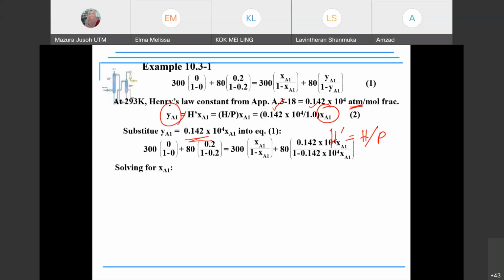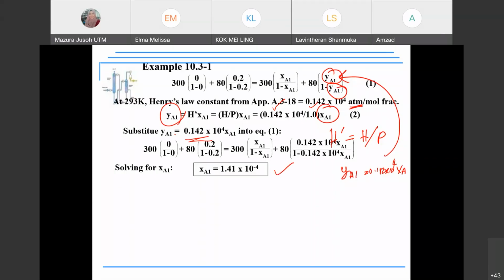All right, so you want to be able to solve this, right? So now you will put this equation of y_A1 equals 0.142 times 10 to the power of 4 x_A1 into this equation. Substitute all those in y_A1.